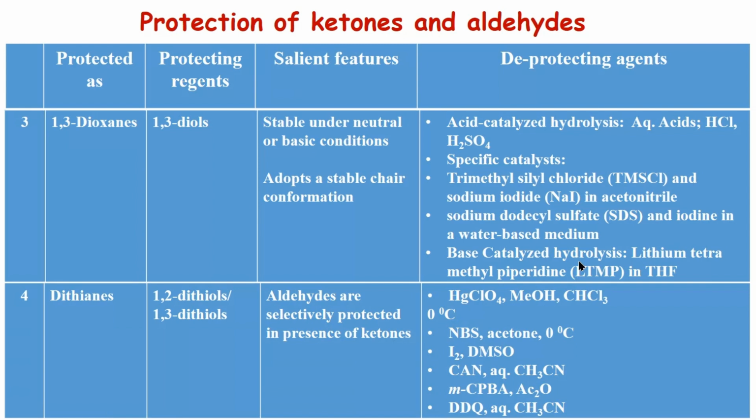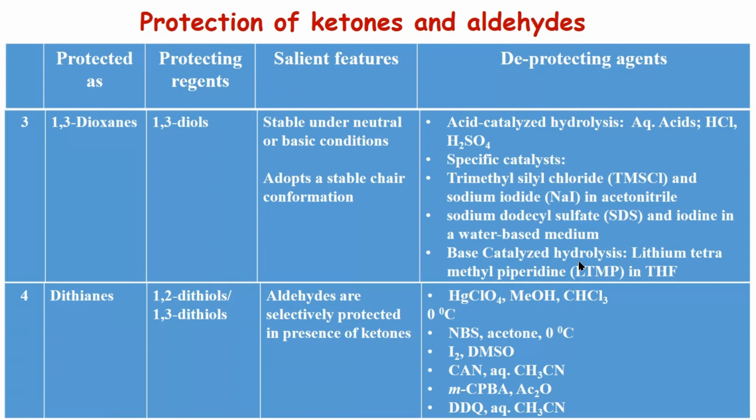The last method of protection of aldehydes and ketones is 1,3-dithianes or dithiolanes by using 1,2-dithiols or 1,3-dithiols as the protecting reagent. The beauty of these dithianes is the fact that aldehydes are selectively protected in the presence of ketones.